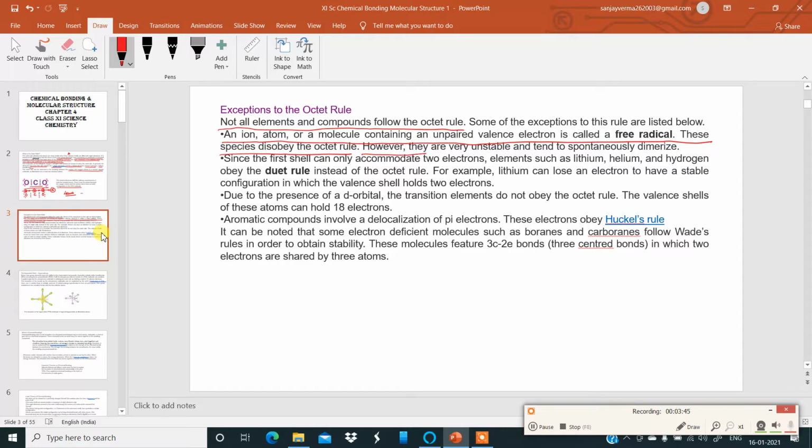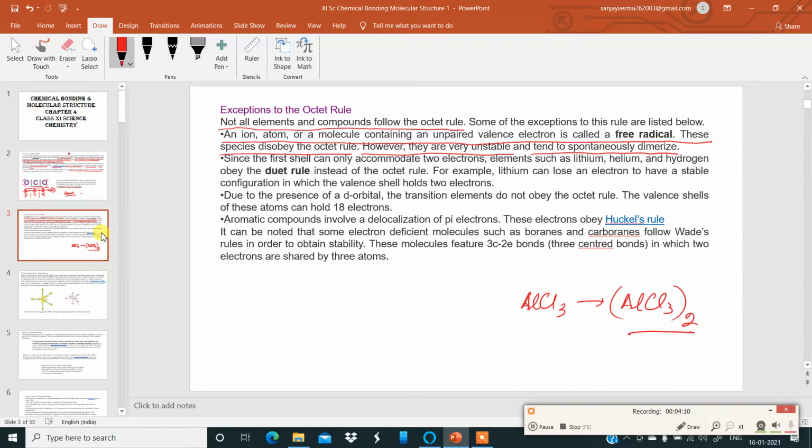However, they are very unstable and tend to spontaneously dimerize, that means form a dimer. Dimerization means, as you must have learned in your lower classes, aluminum chloride dimerizes to become Al2Cl6. That is called dimerization.